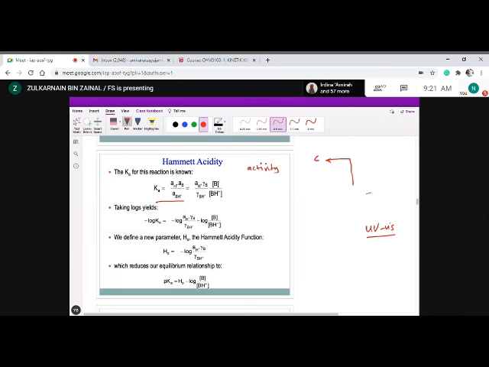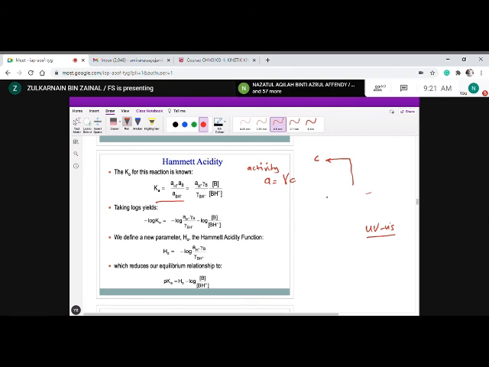Right, all of you have taken 3101. We know that activity A is equal to the activity coefficient times the concentration. Okay.